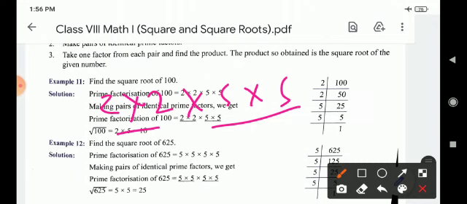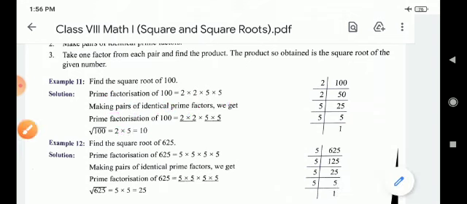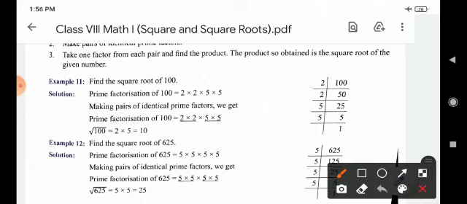Prime factorization of 100 is equal to 2 into 2 into 5 into 5, and square root of 100 is equal to 2 into 2, that is 2, 5 into 5, that is 5, that is 2 into 5 is equal to 10.